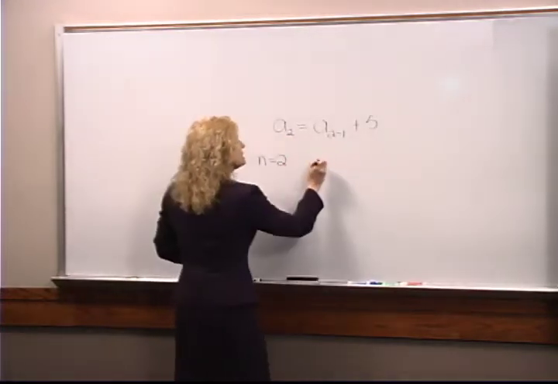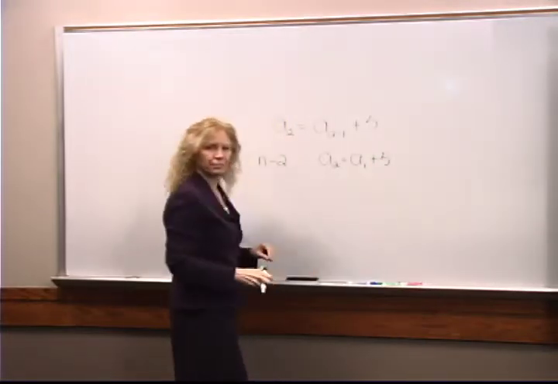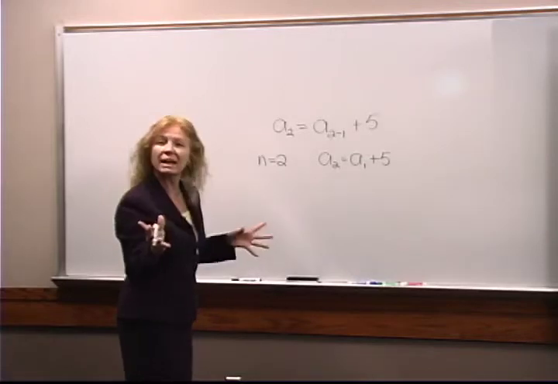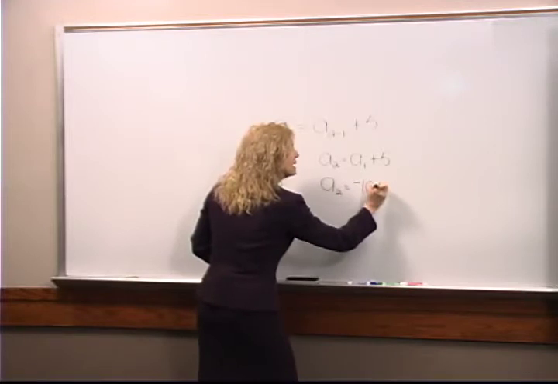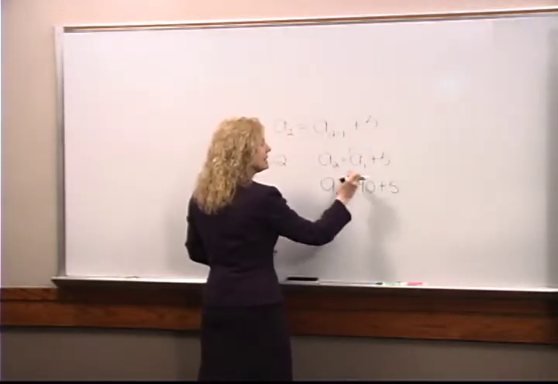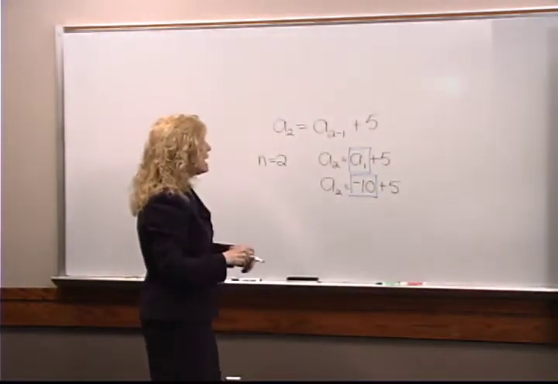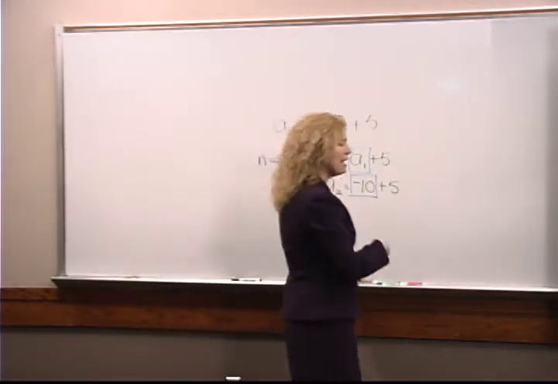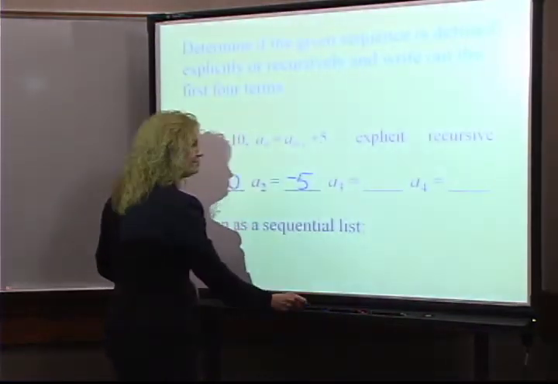Well, if I rewrite that, I simply get a sub 2 is a sub 1 plus 5. And then you might say, oh, wait a minute. I know what a sub 1 is. A sub 1 is negative 10. So what we did here is we replaced this with what we know it's equal to using substitution principle. And then I end up with a sub 2 is negative 5 when I combine those. So a sub 2 is negative 5.